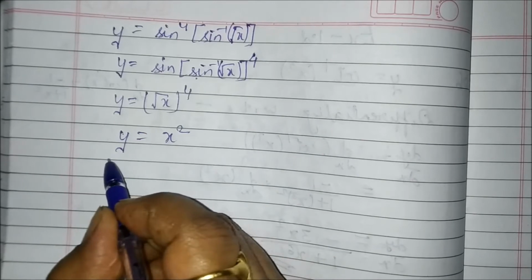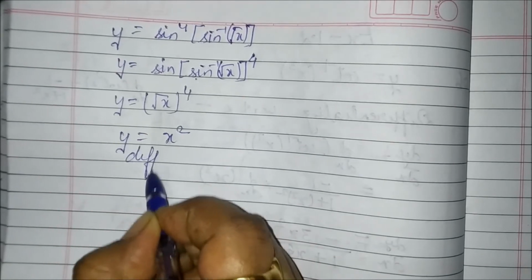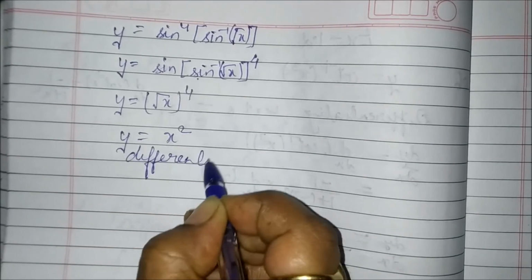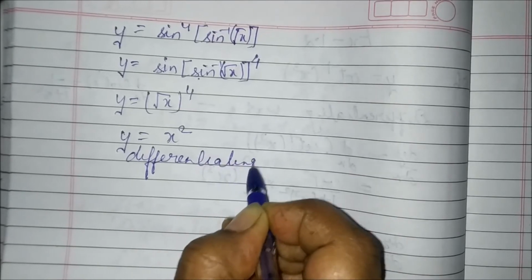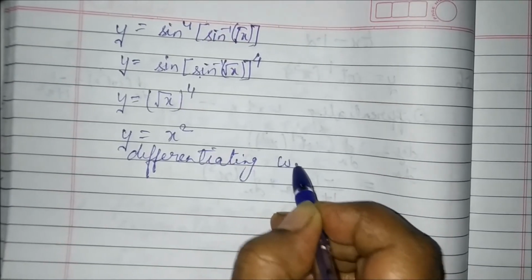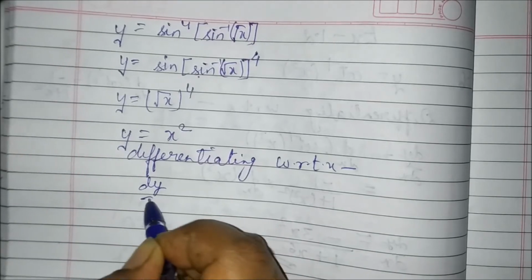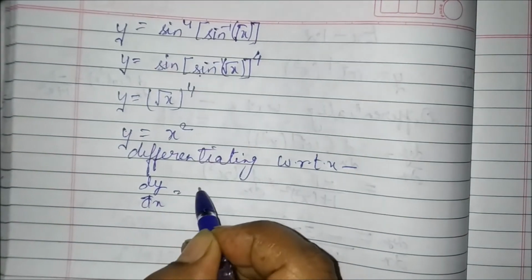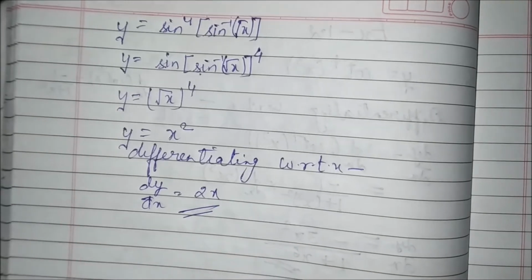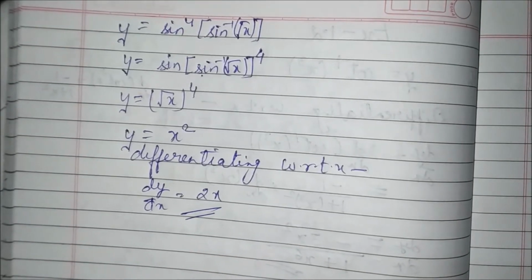Now differentiating, this is very simple. Differentiating with respect to x, we get dy by dx is equal to 2x. Understood?